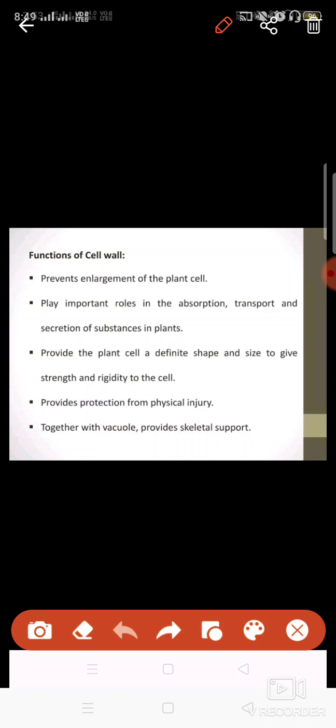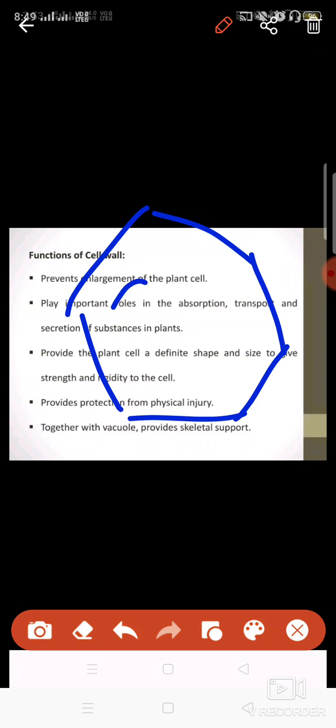Because one more layer is present around the plasma membrane, it will protect the cell from external injury also. And it gives a kind of skeletal support. If you see inside the plant cell, the vacuole is present and the cell wall is present.